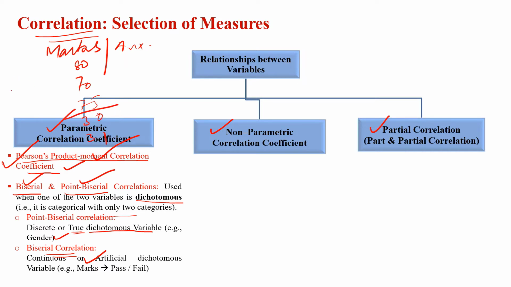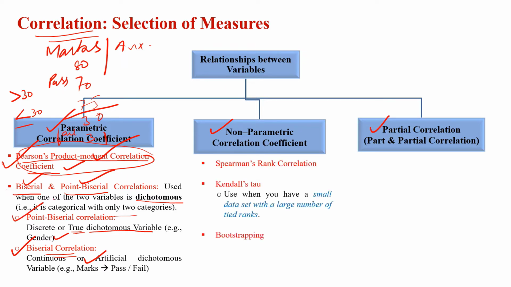We can say that higher than 30 is pass, and less than or equal to 30 would be fail. So now we are artificially making the variable dichotomous, in a binary form. In such a case, we should apply the biserial correlation coefficient. I hope you got the idea under what circumstances we can apply the Pearson correlation coefficient, the point biserial, and the biserial.